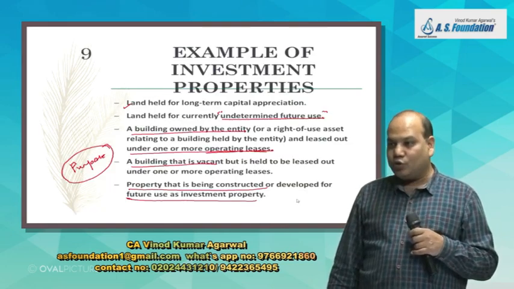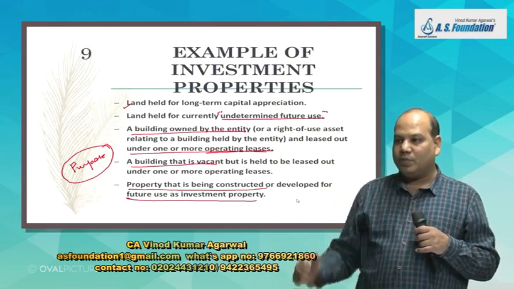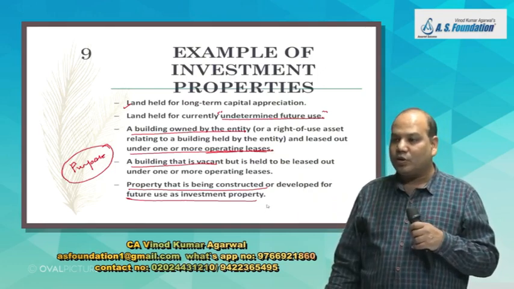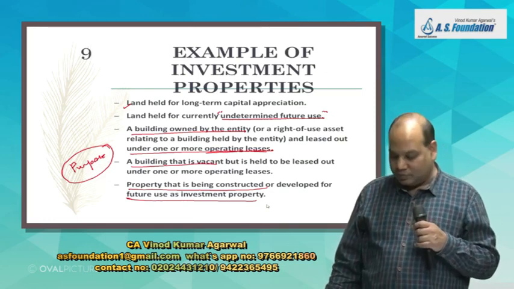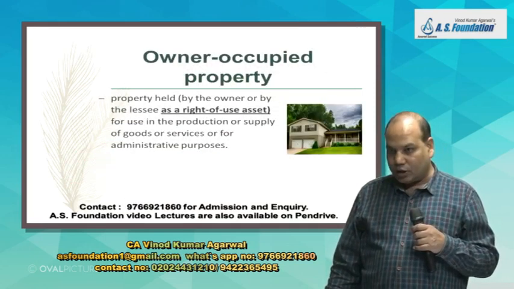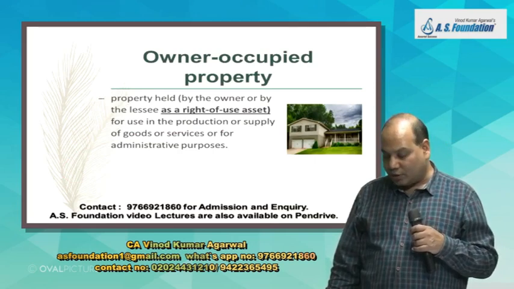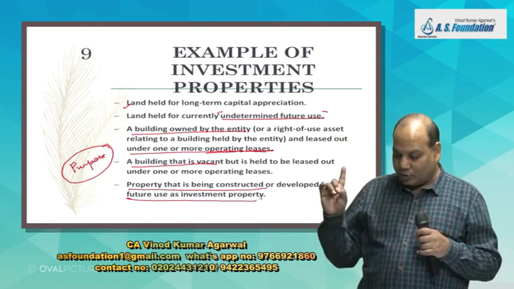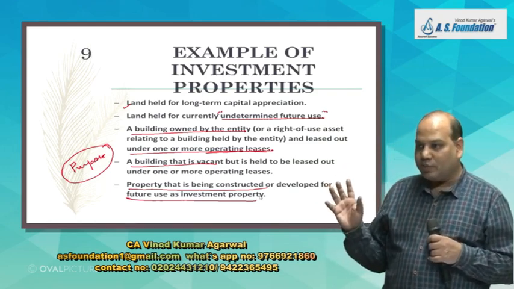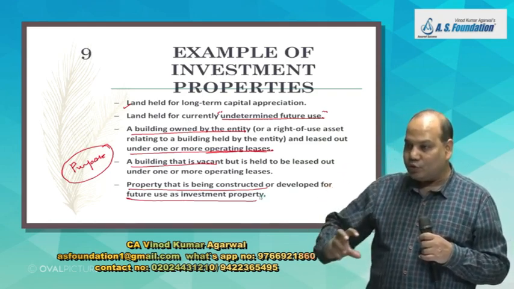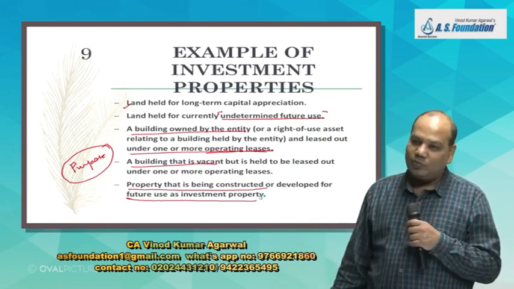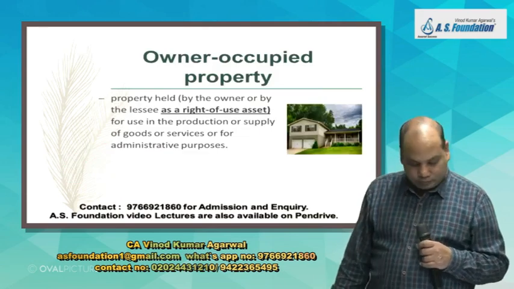Same property, if it is used for future office purpose or factory purpose, will be classified as property, plant, equipment. This is the capital WIP of investment property if it is used for leasing purpose, operating leases. But if it is used for your own business purpose in future, then it is capital WIP of PPE, right?